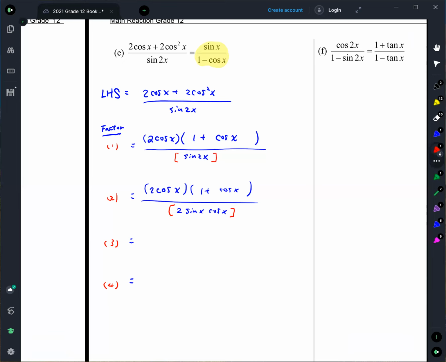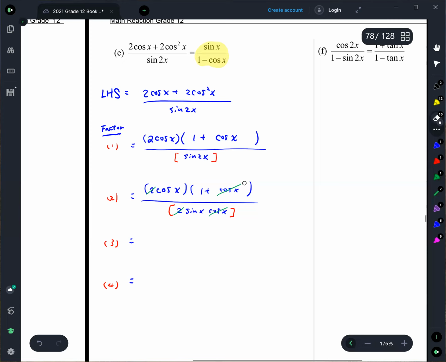What can we do now? Step 3. Cancel out the 2 cosine x. Very good. Anything that's multiplying, like the 2 and 2, can cancel out. Remember, the cosine in 1 plus cosine you cannot cancel, because it has a plus 1.